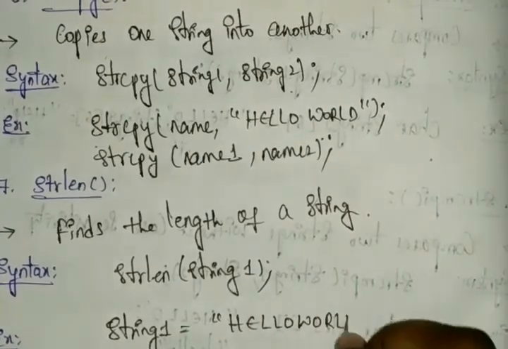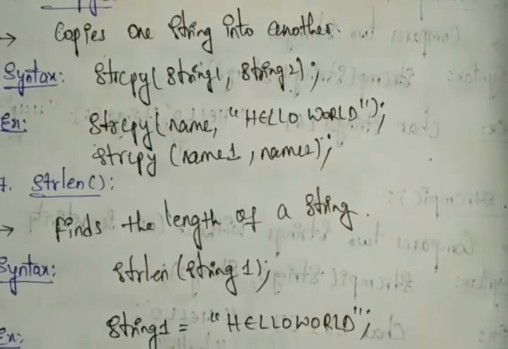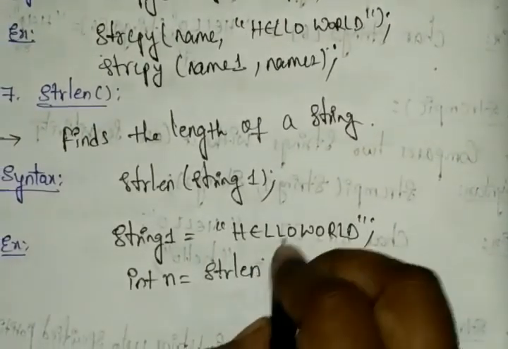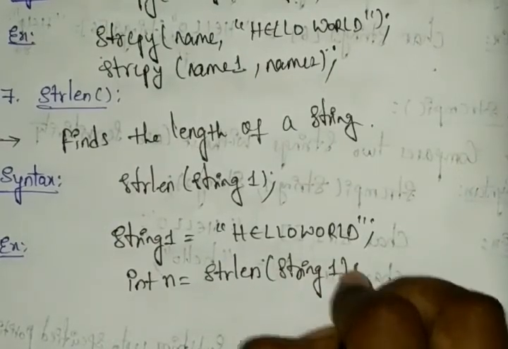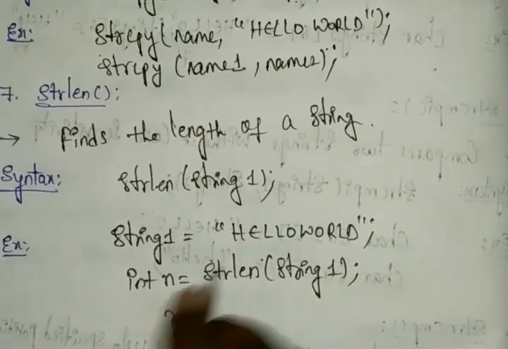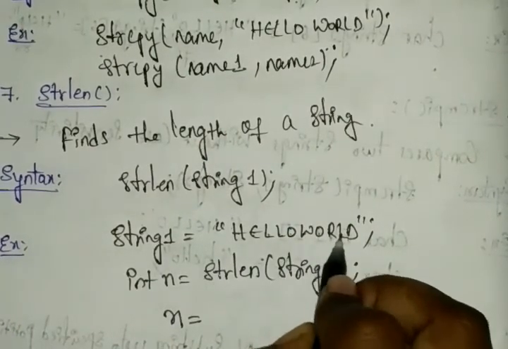Hello world. So how many characters do you have in this? Here you can write int n is equal to strlen string 1. Now it identifies our values. It gives the n value as 10: 1, 2, 3, 4, 5, 6, 7, 8, 9, 10.